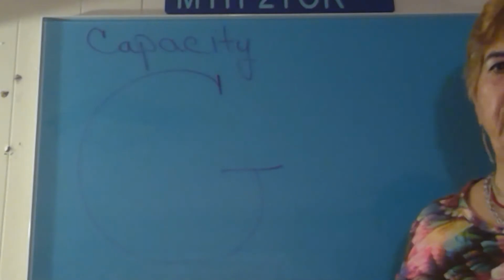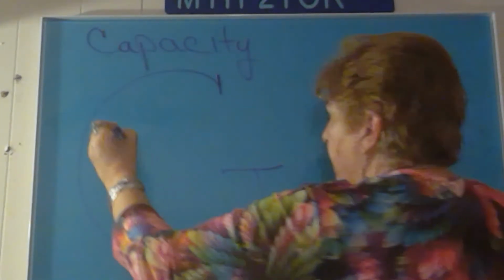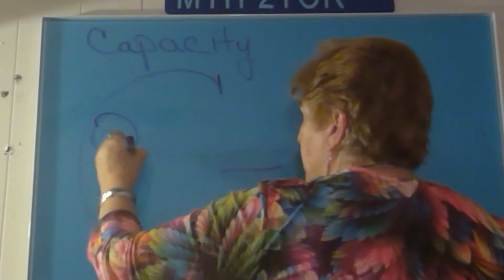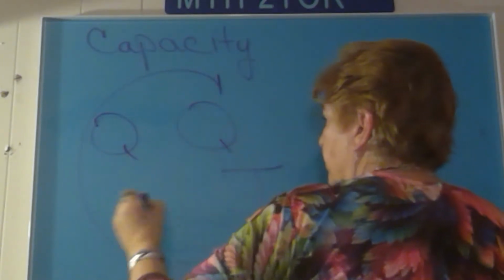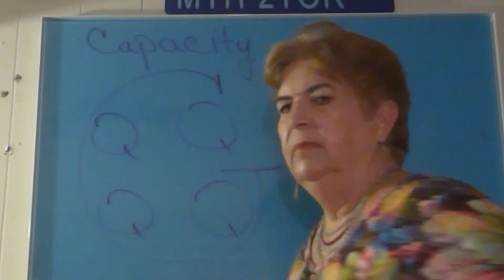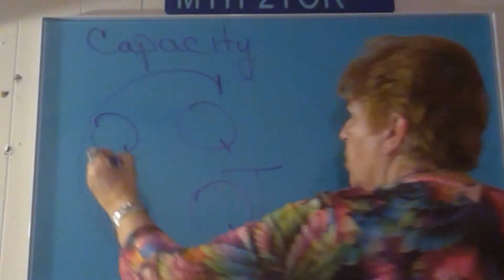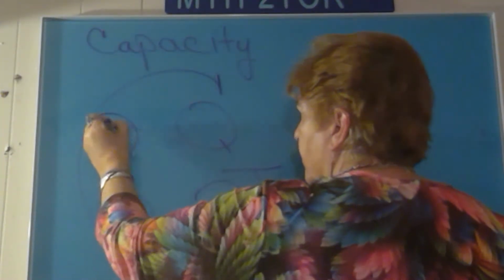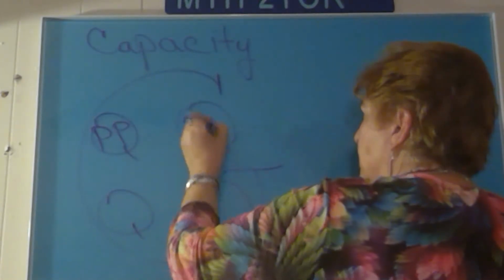Big G is a gallon. In a gallon, there are 4 quarts. Each quart has 2 pints.